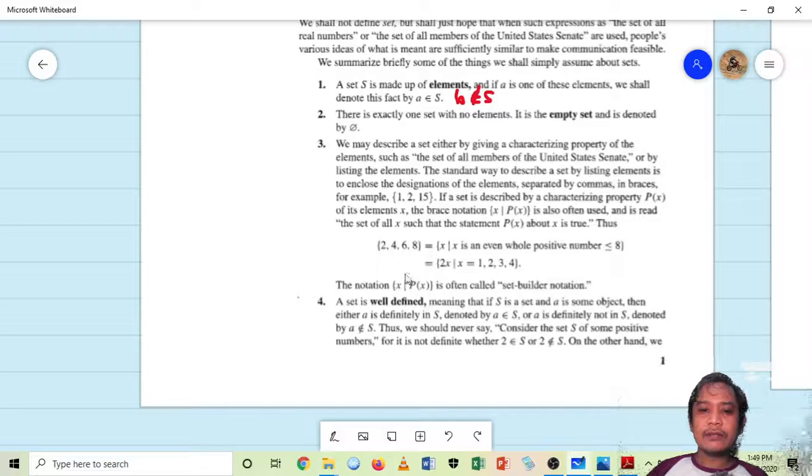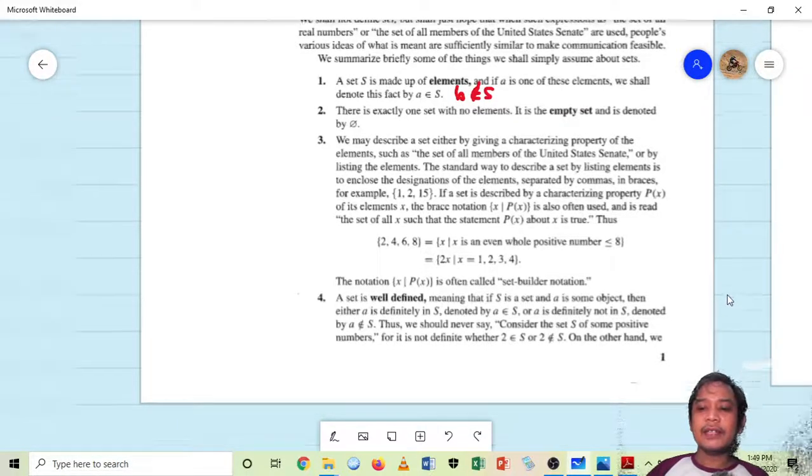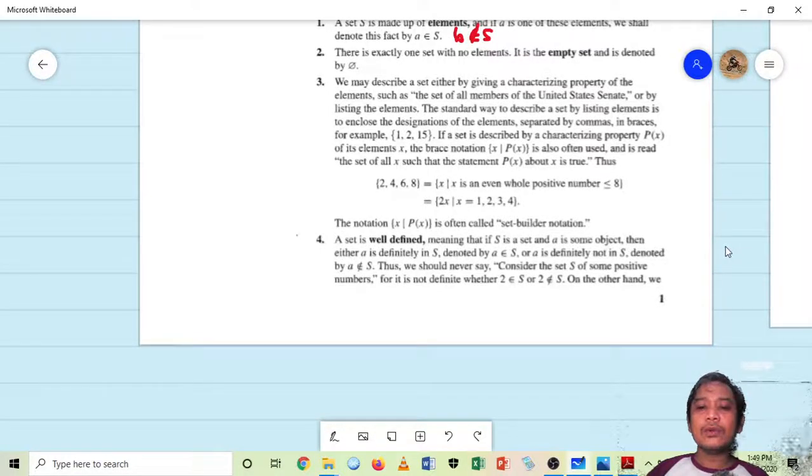the definition of what is well-defined. When we say well-defined, we clearly know what elements are in the set and what elements are not in the set. If it is not certain whether this element is in the set or not, then S is just a collection but not a set. Okay? A set is always well-defined.